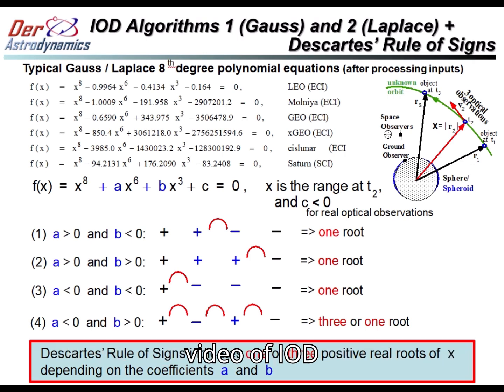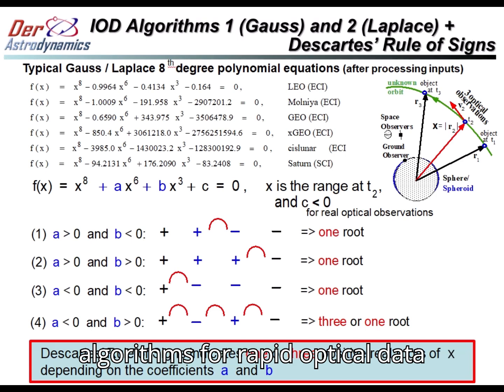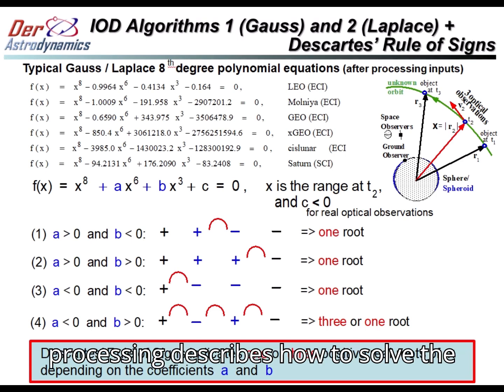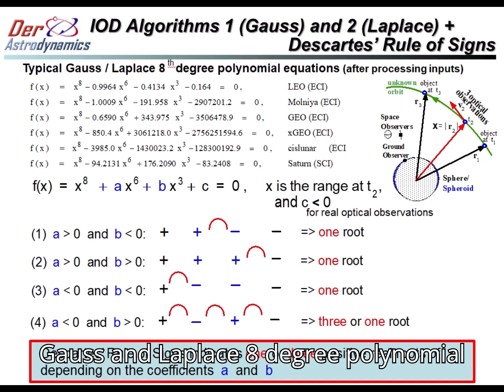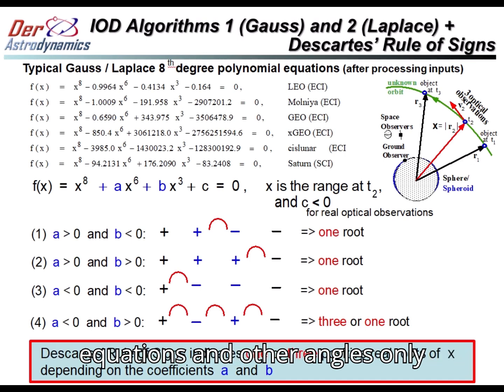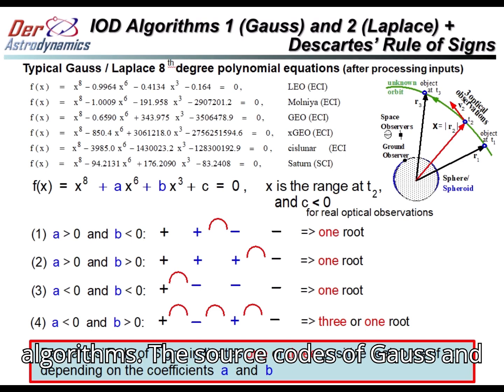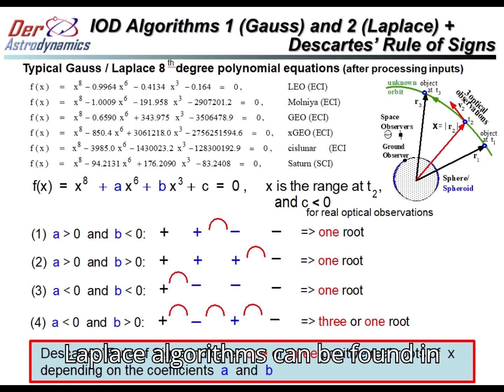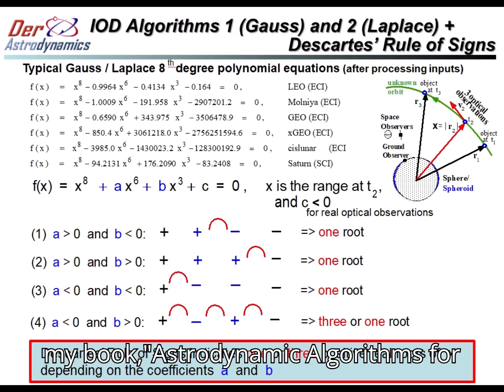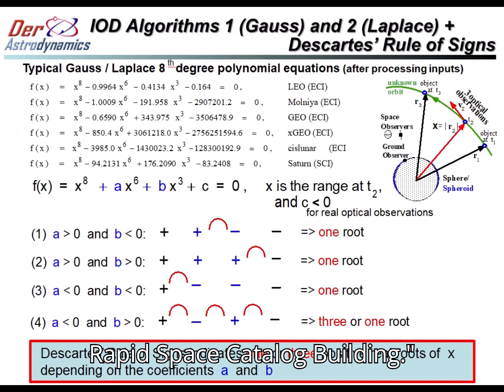The video of IOD algorithms for rapid optical data processing describes how to solve the Gauss and Laplace 8-degree polynomial equations and other angles-only algorithms. The source codes of Gauss and Laplace algorithms can be found in my book, Astrodynamic Algorithms for Rapid Space Catalog Building.